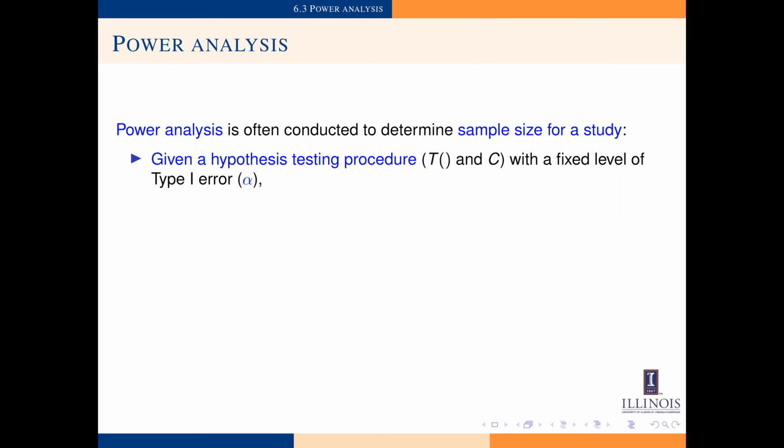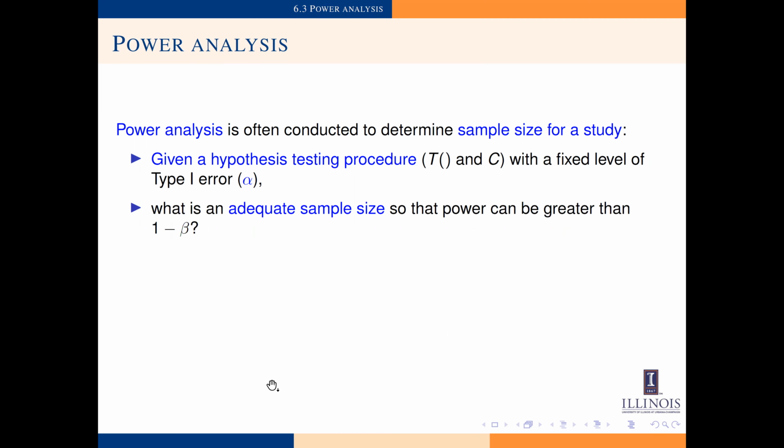One thing that's really useful is power analysis. Power analysis is often conducted to determine sample size for a study. In other words, given a hypothesis testing procedure, some T and critical region C, with a fixed level of type 1 error rate alpha, what is an adequate sample size so that the power can be greater than or equal to 1 minus beta?